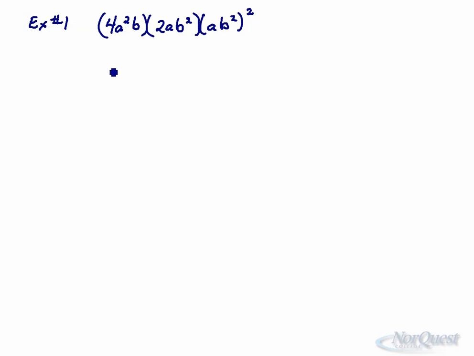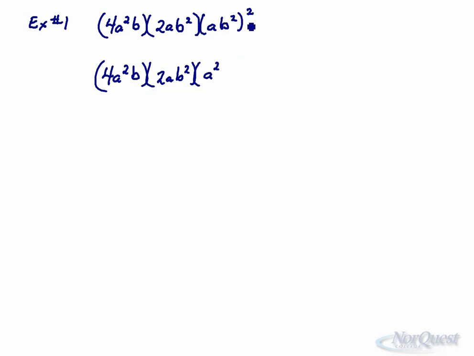So the first thing I'm going to do is write this as 4a squared b times 2ab squared, and then I can write it as ab squared times ab squared, or I can realize that power of a power means a to the power 1 to the power 2 should give me a squared.